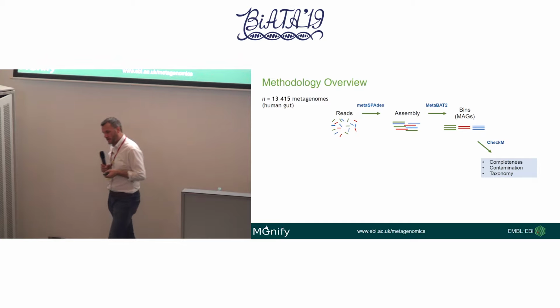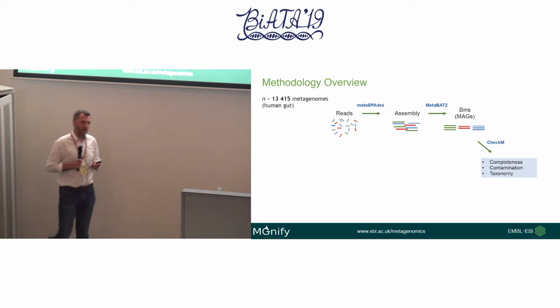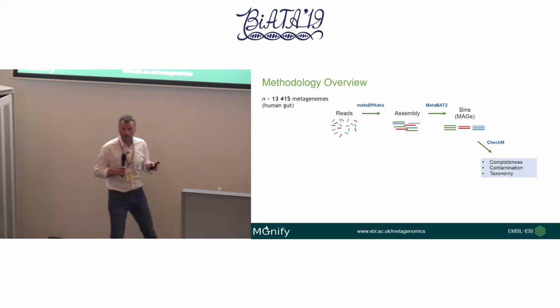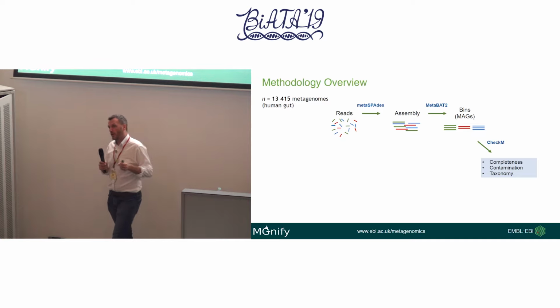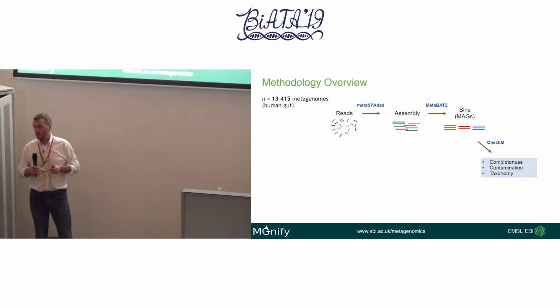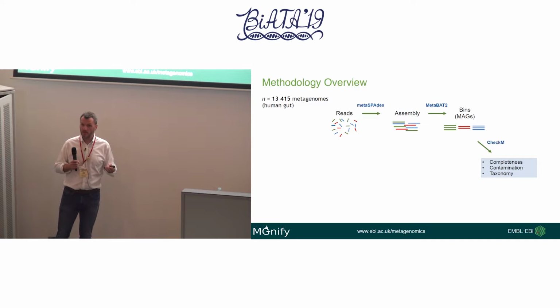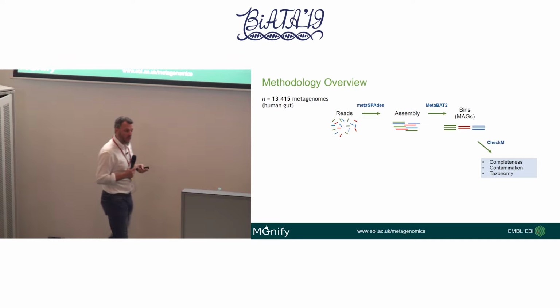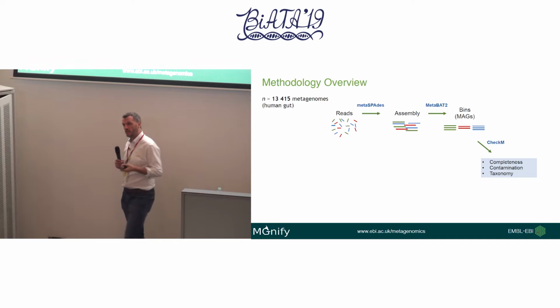Titus mentioned it yesterday, for those of you who may not have been in Titus's talk. So these are single copy marker genes. For a specific clade, you want to match every single one of those marker genes once. So if you've got 10 marker genes and you match 9 of those, you'd be considered 90% complete. If you match one of those marker genes more than once, then you're considered to have contamination.